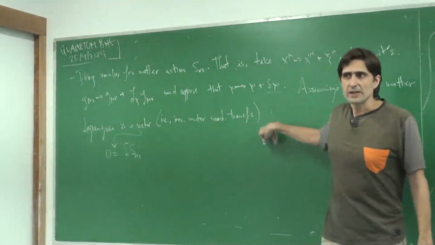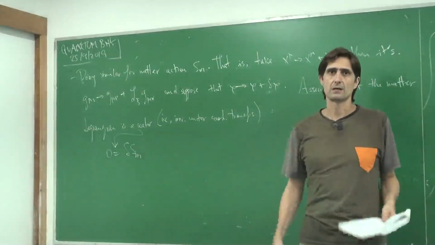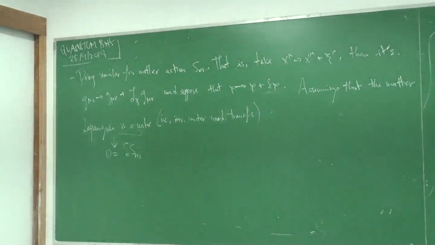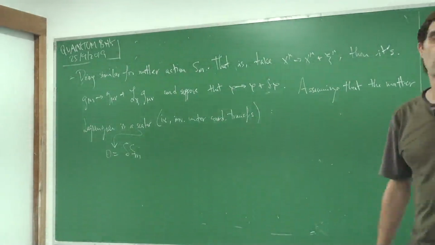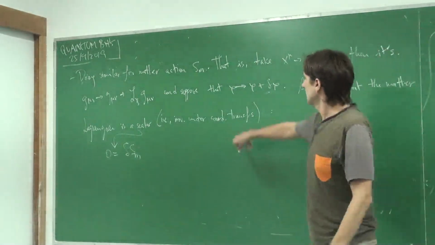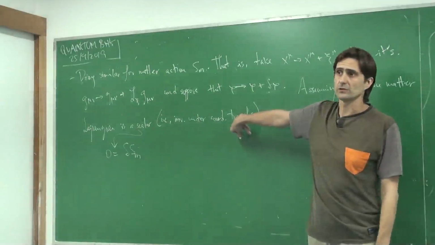Can you think of a Lagrangian which is not a scalar? That would mean that it does vary under coordinate transformations.